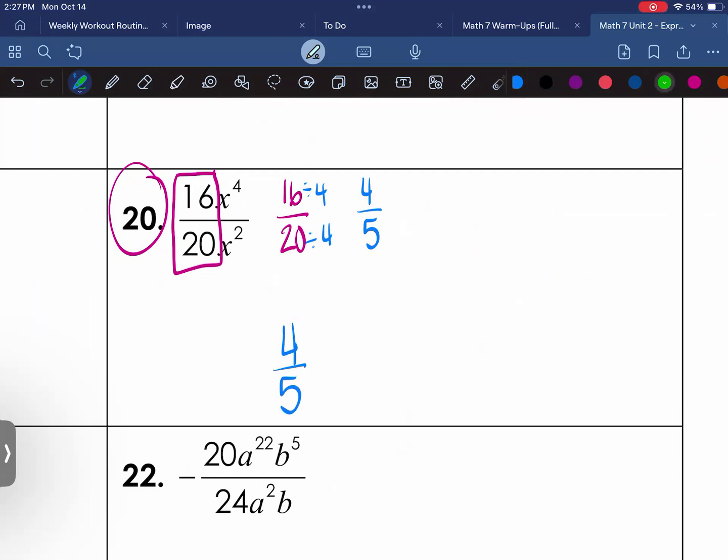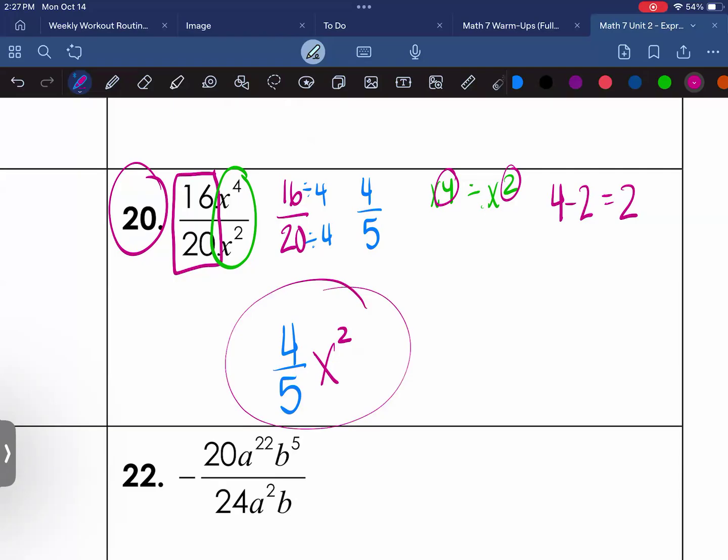Okay, I'm also going to do x to the 4th divided by x squared. Remember when you divide monomials with variables, we subtract exponents. So we have 4 minus 2 equals 2. X won't change, but the exponent will. So we have 4/5 times x squared as my answer.